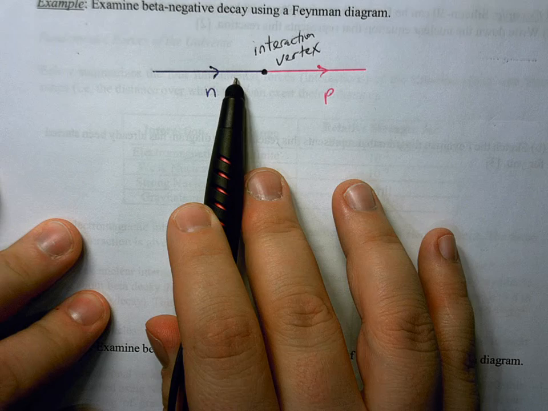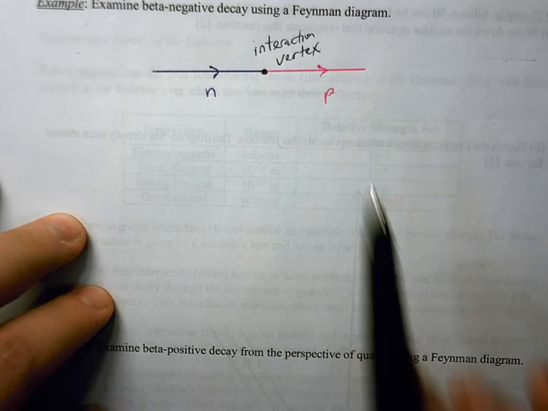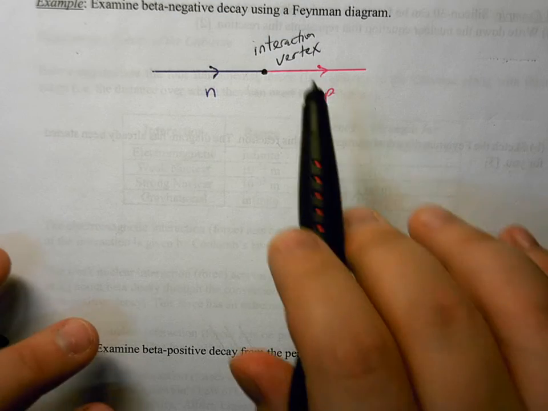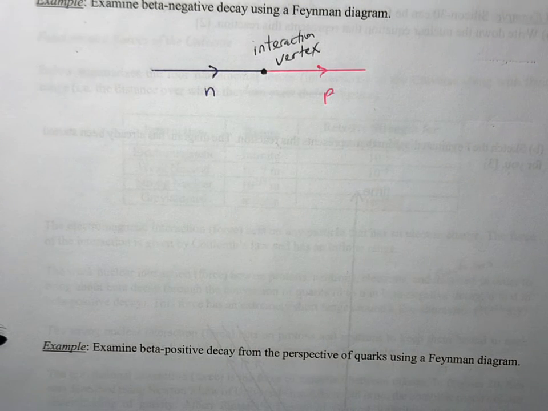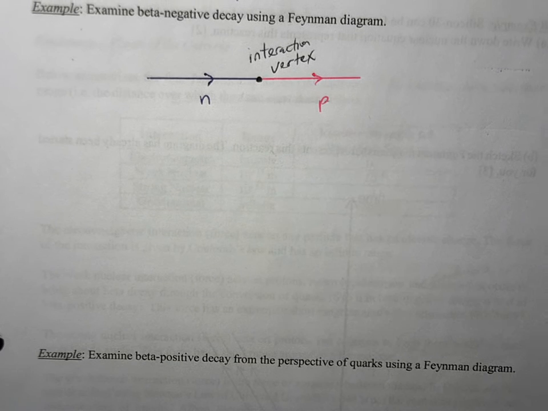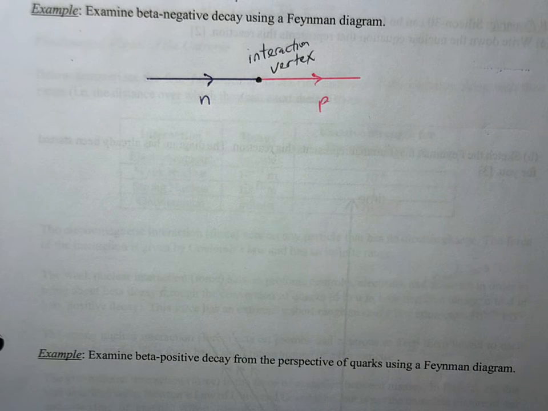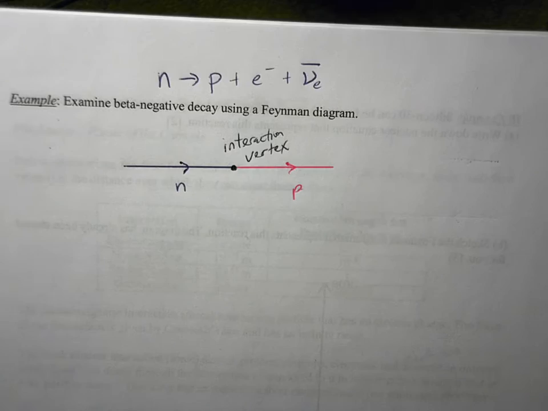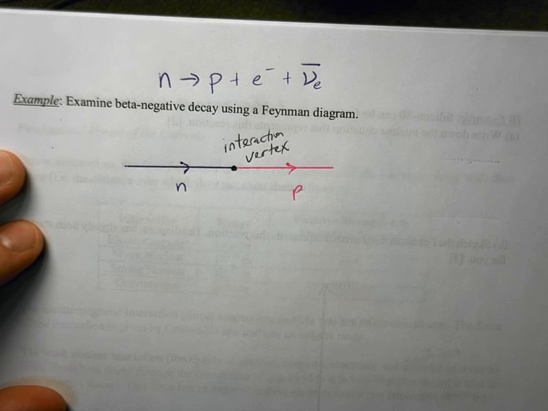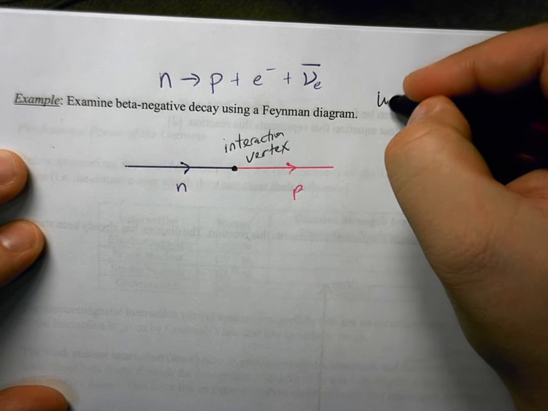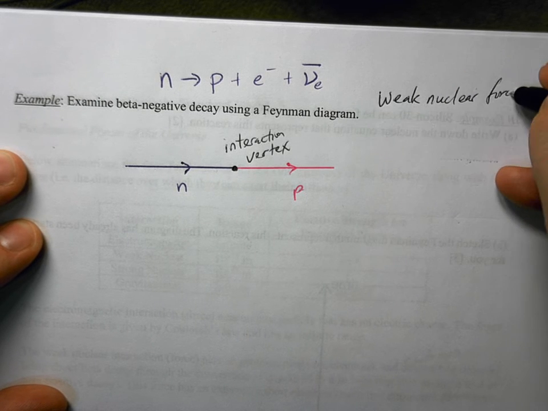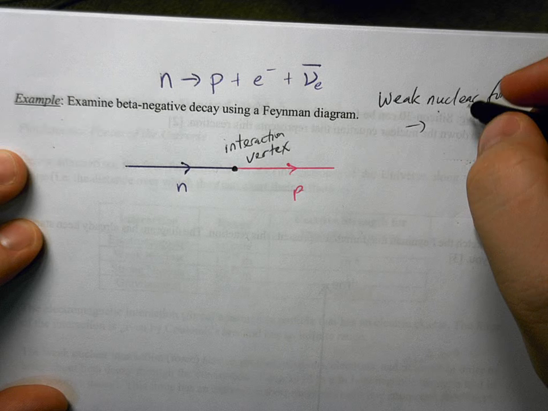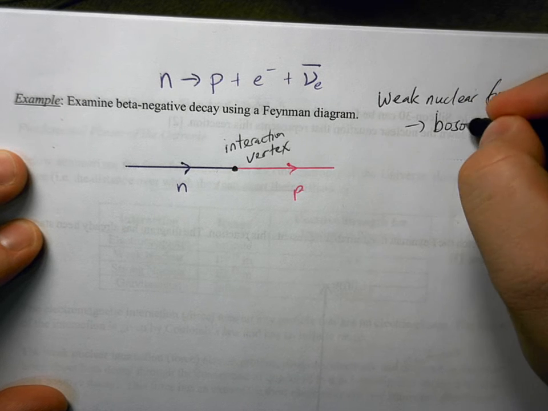So we have a neutron that's decaying into a proton. We also know that this is going to decay into an electron and an antineutrino, but it's not going to decay into that directly. We also know from beta decay, whether it's beta positive or negative, that the weak nuclear force is involved. What that means is we're using some type of boson.